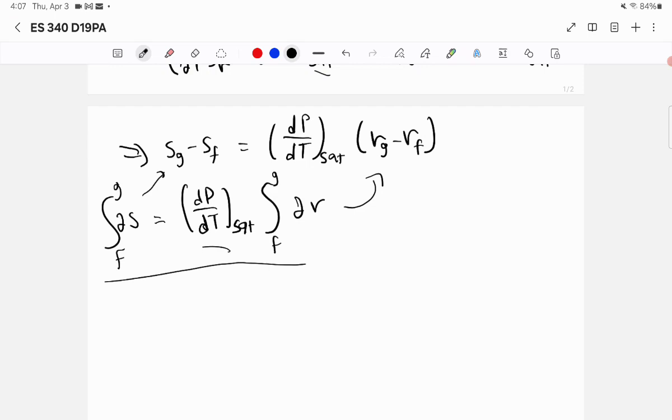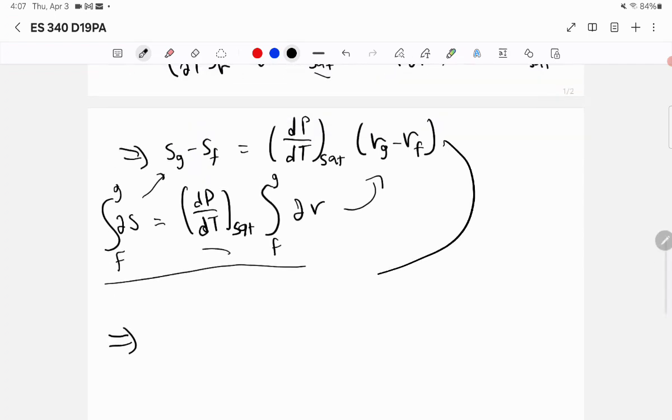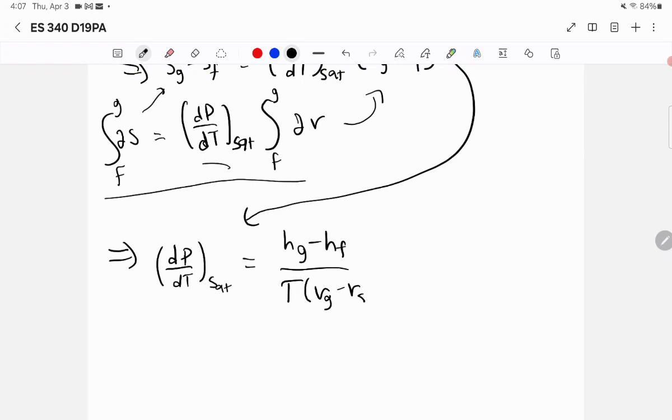This is close to what we're looking for, and basically the last step, going from this equation down here, is that we get (dp/dT) at saturation is equal to (hg minus hf) over T times (vg minus vf).